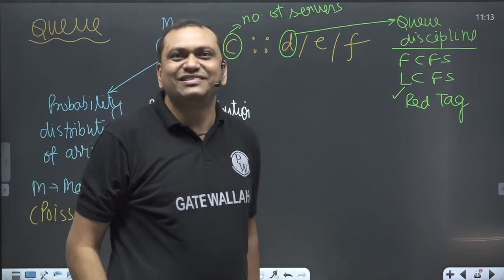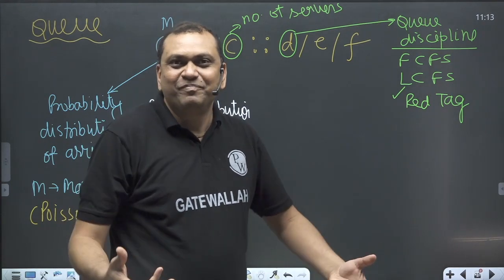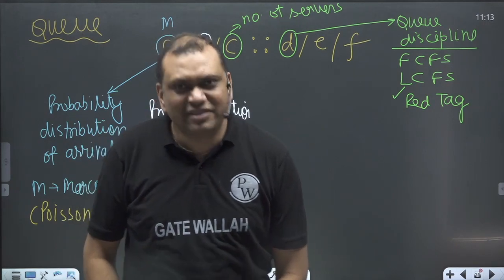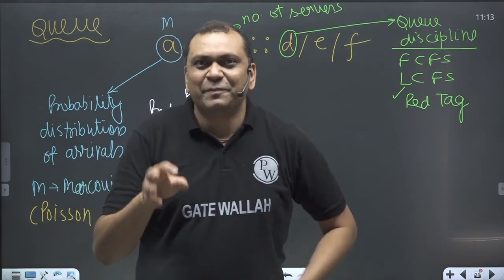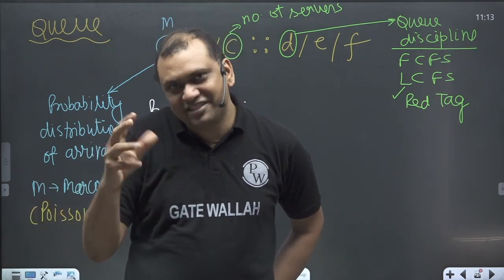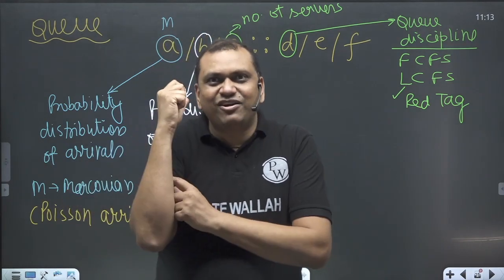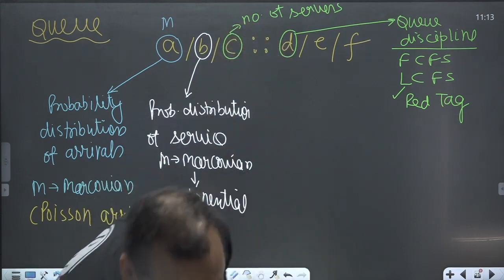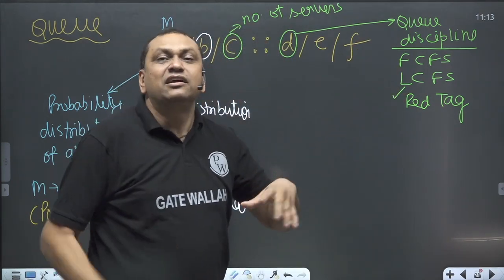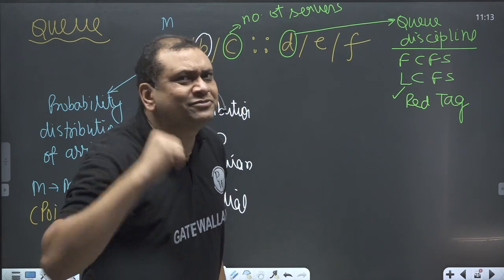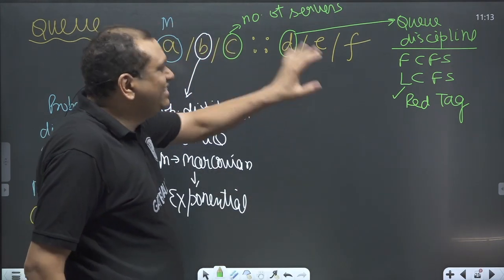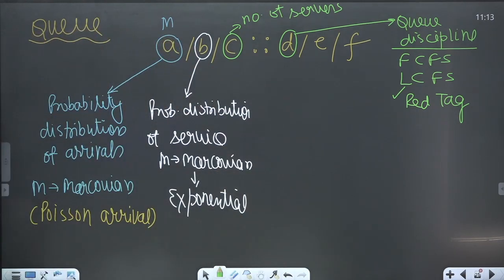You try it. It takes 45 minutes normally, but for a silver card member or business class, within 2 minutes the person answers. So that queue discipline is a red tag: some VIPs are called first for service, bypassing the queue. Please remember, D is the queue discipline.